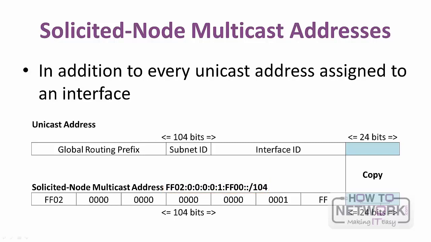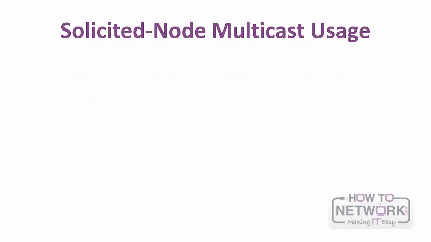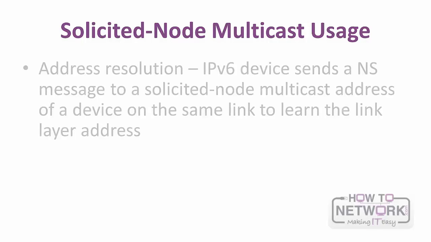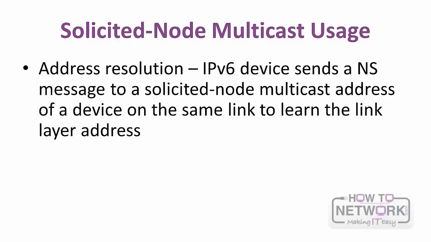Solicited node multicast addresses are used for two essential IPv6 mechanisms, both part of Neighbor Discovery Protocol, NDP. Address resolution. Equivalent to ARP in IPv4, an IPv6 device sends a neighbor solicitation message to a solicited node multicast address to learn the link layer address of a device on the same link.